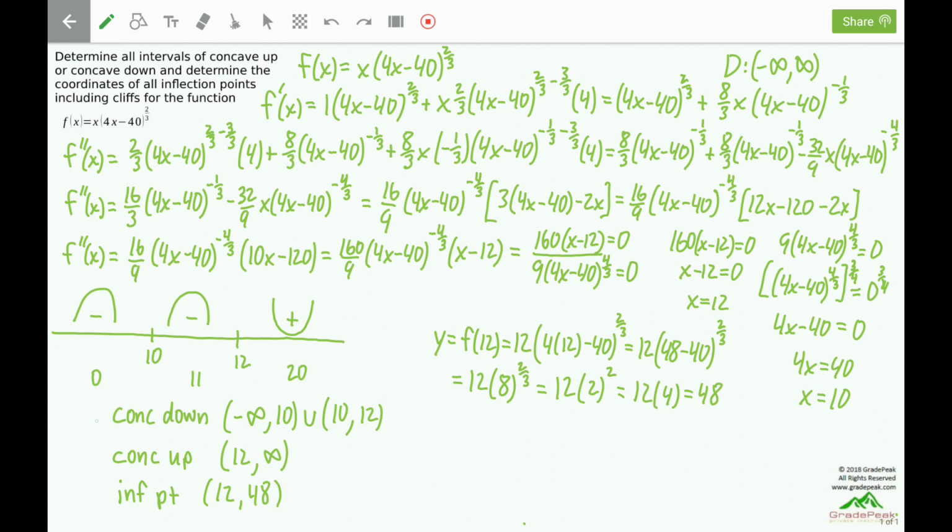So we have 2 intervals of concave down. We have 1 interval of concave up. And we have an inflection point occurring at 12, 48.